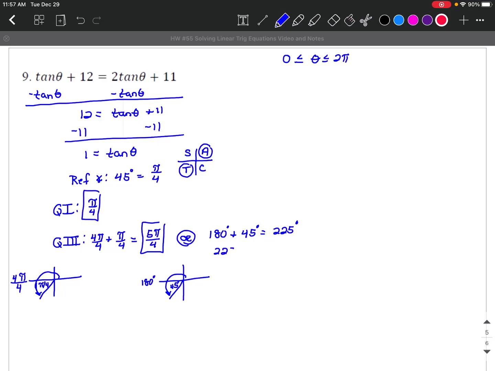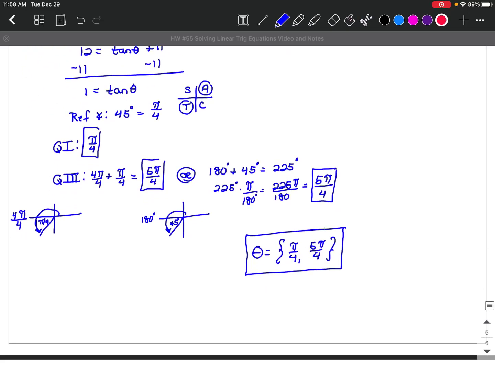And then take your 225 degrees times pi over 180 degrees. Now 45 is going to go into 225 5 times, and 45 is going to go into 180 4 times. So we are going to get the same answer. And now we know that theta can be pi over 4 or 5 pi over 4.